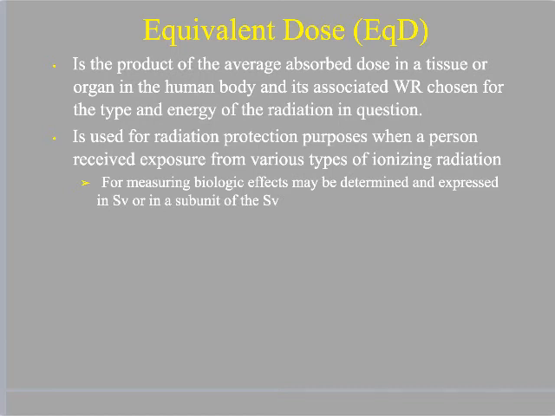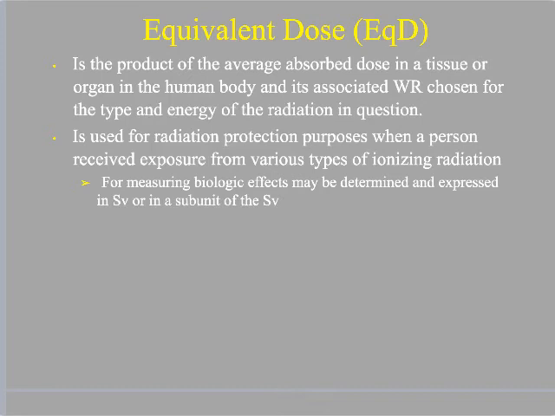We're just going to take the absorbed dose in gray and multiply it by the weighting factor. So the weighting factor for X-rays is 1. So if my hand was exposed to 10 gray of X-rays, my equivalent dose is 10 sieverts. I took the 10 gray, multiplied it by the weighting factor of 1, and I got 10 sieverts. Okay?